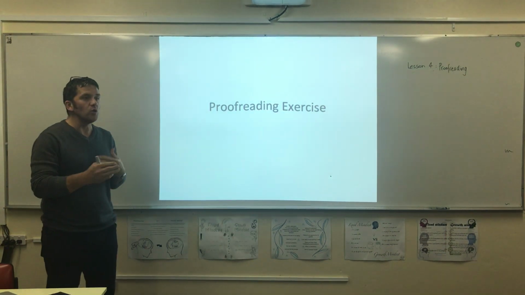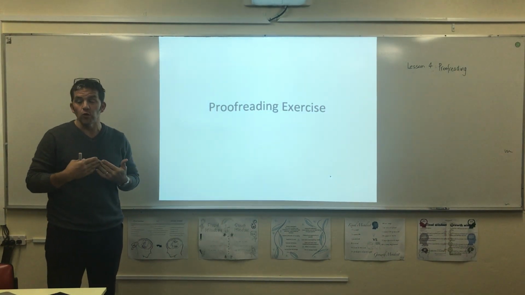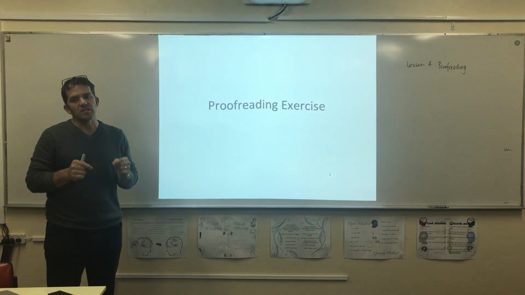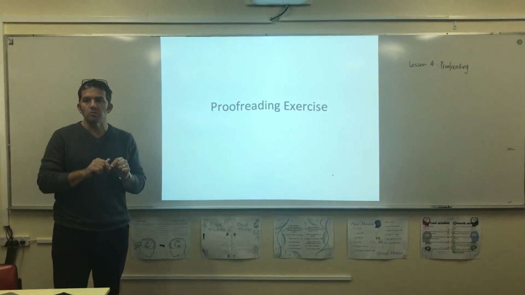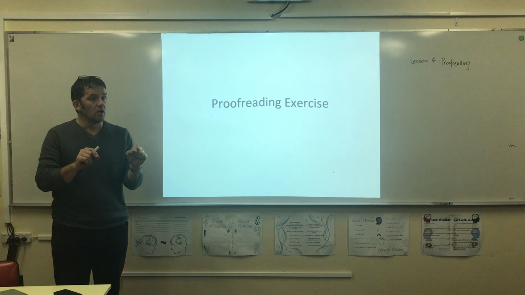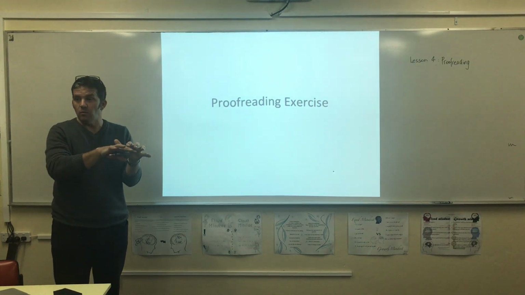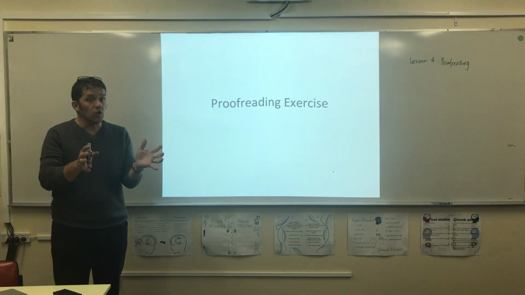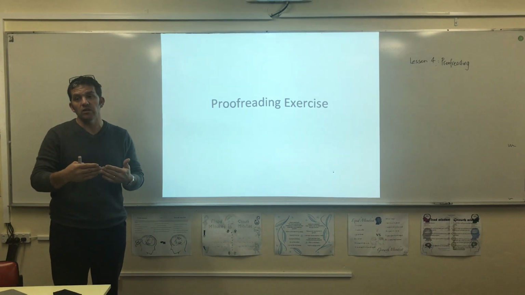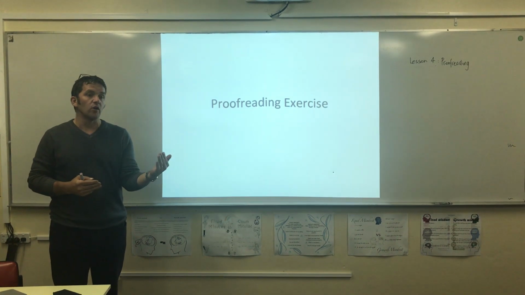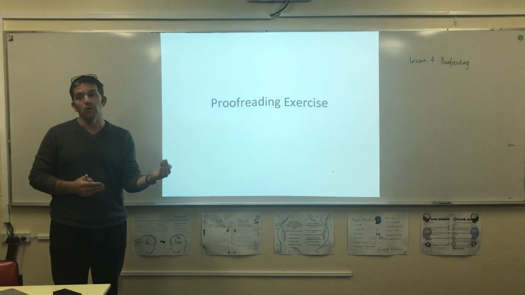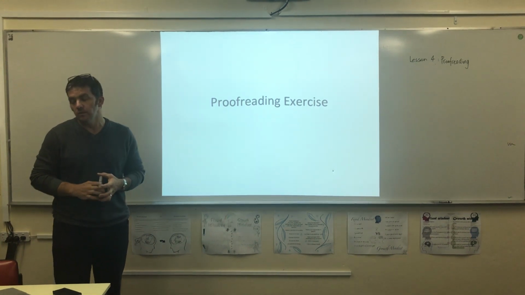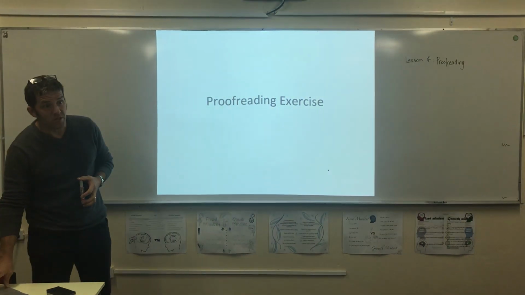And now we're going to look at something we would say is a little bit more of an authentic task, because it's dealing with real work produced by students just like you. In fact, the same assignment that you are working on, that you're going to submit at the end of this week, I've got an example from a student last year prior to it being proofread. No, I'm not telling you who it was.